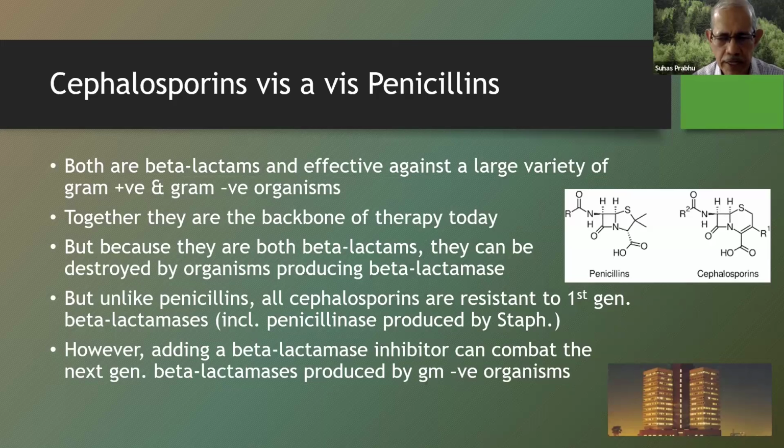Either you have to combine them with a beta-lactamase inhibitor or you have to use a specific anti-staphylococcal penicillin such as cloxacillin, dicloxacillin, flucloxacillin, which are not easily available, if you want to cover staphylococcus, even the methicillin-sensitive Staph aureus. But adding a beta-lactamase inhibitor can help to combat the next-generation beta-lactamases produced by gram-negative organisms.